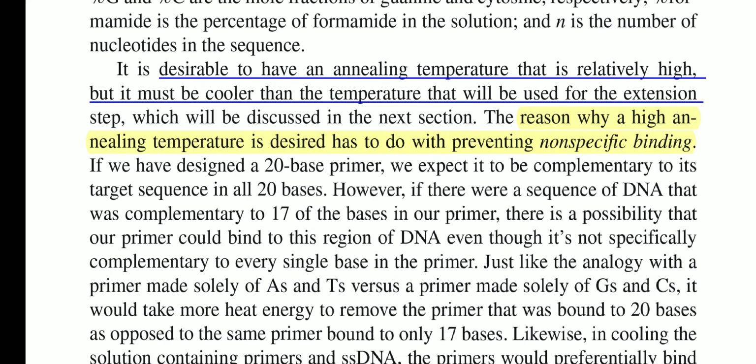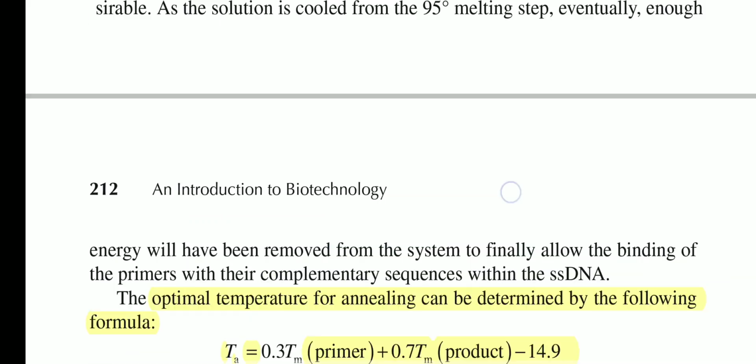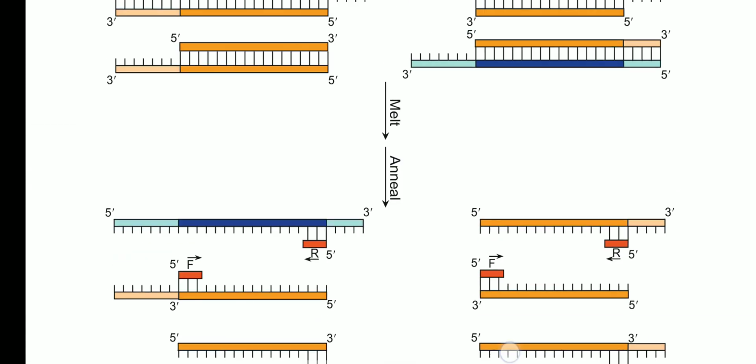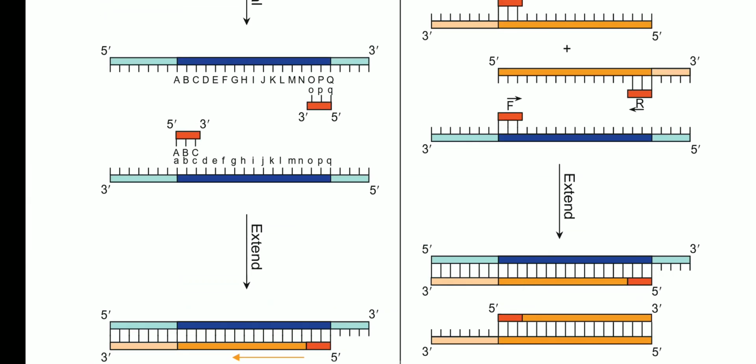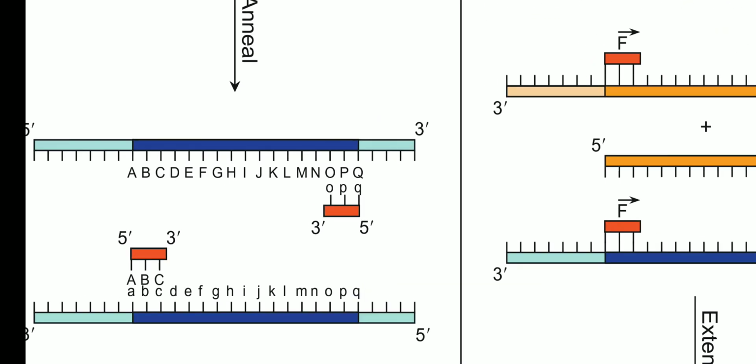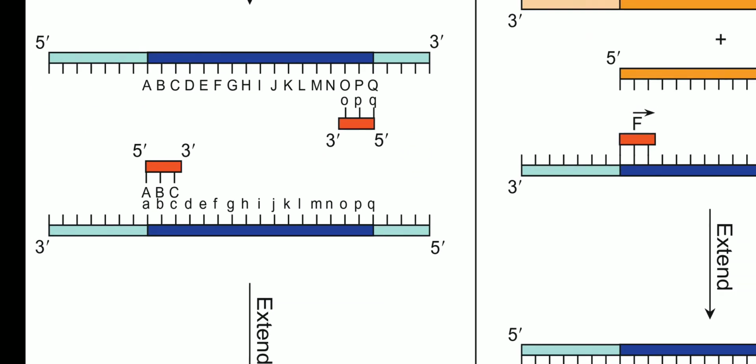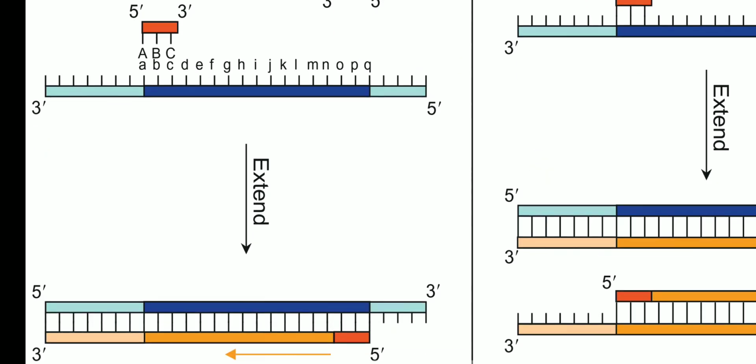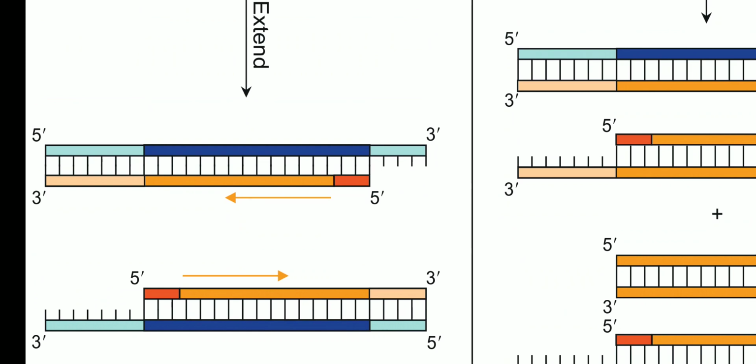Also, the reason why we choose a high annealing temperature is to prevent non-specific binding. It is desirable to have an annealing temperature that is relatively high, but it must be cooler than the temperature that will be used for your extension. Just think about this picture. Here those primers are annealed with your target, and now they have to undergo the extension process.